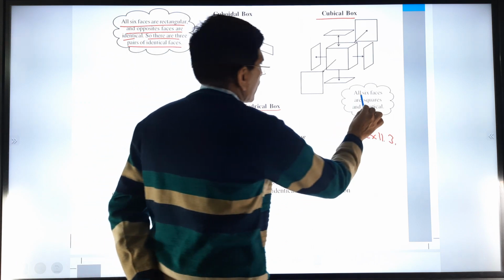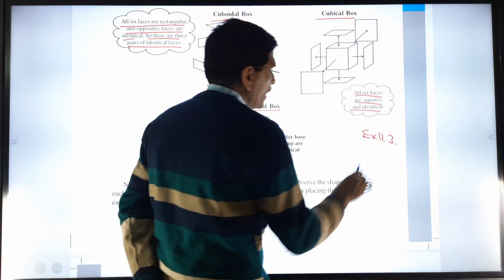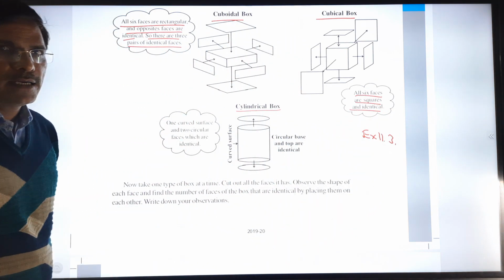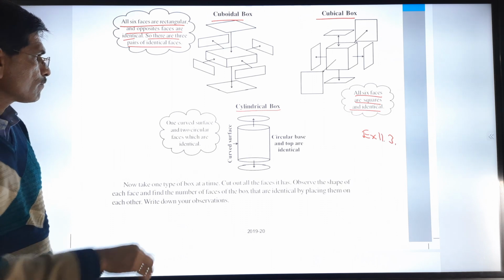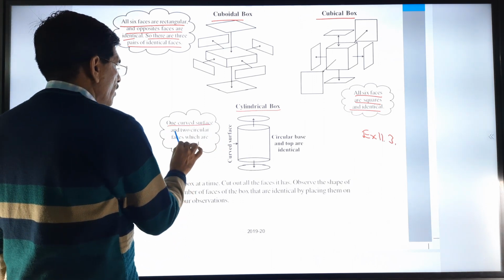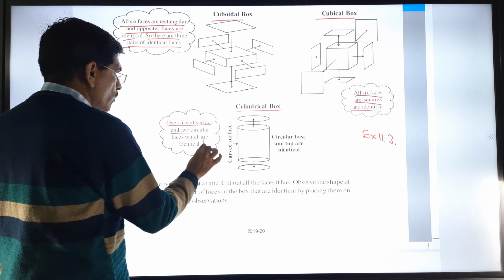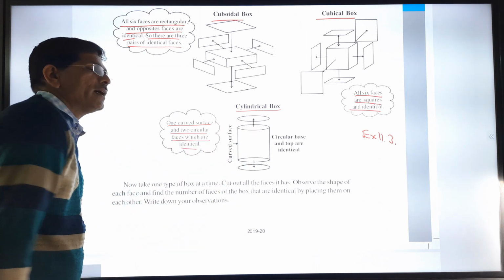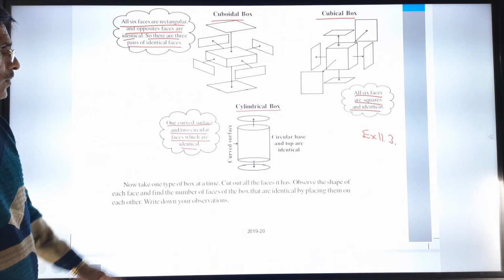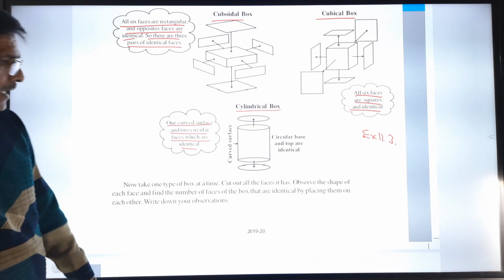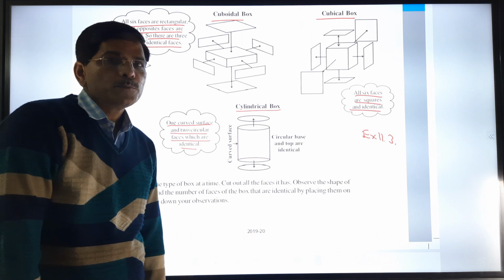In a cube all 6 faces are square and all are equal, so they are identical. And in a cylinder there is one curved surface and 2 circular faces which are identical.